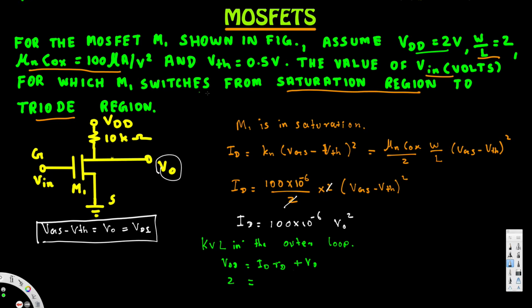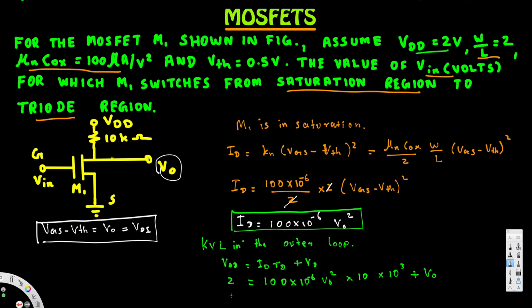Oh, we have the equation for ID right here. ID is equal to 100 times 10 to the power of minus 6 times VO squared, and RD is this resistance, 10 kilo ohm, so 10 times 10 to the power of 3. Okay, and then we have V output.